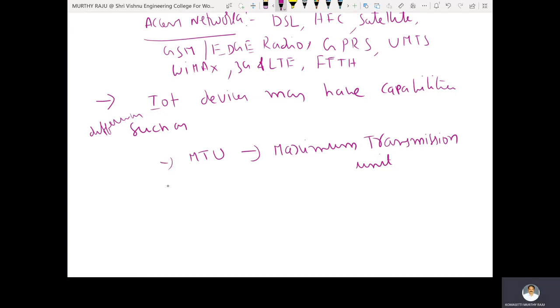The second one is simplified versus full-blown web protocol stack.